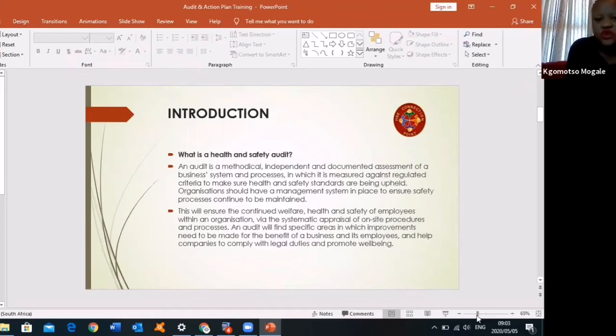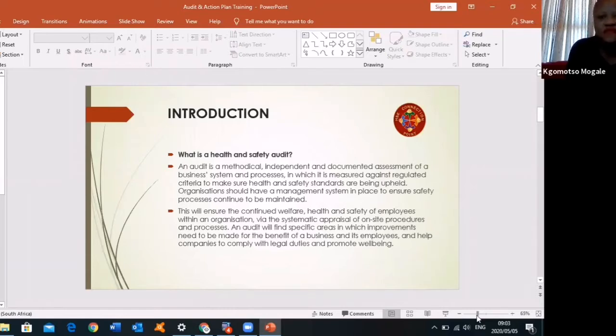So when we do an audit, obviously, guys, we do an audit in order to find out if the health and safety system that we have in the company is maintained, and whether we have to do any improvements or not. It can also help companies to comply with the legal duties, promoting well-being.